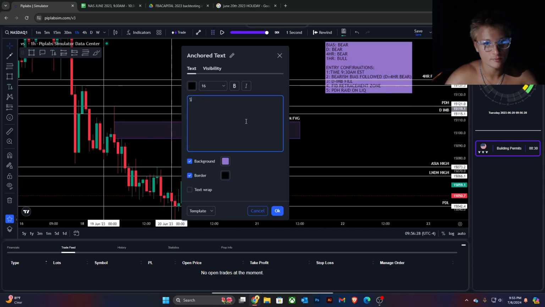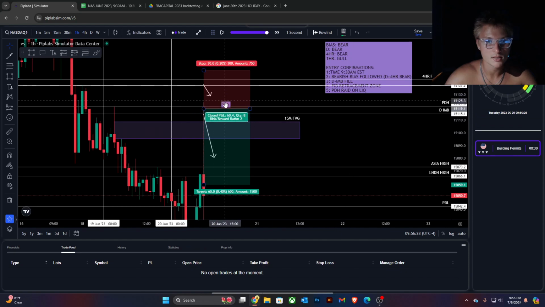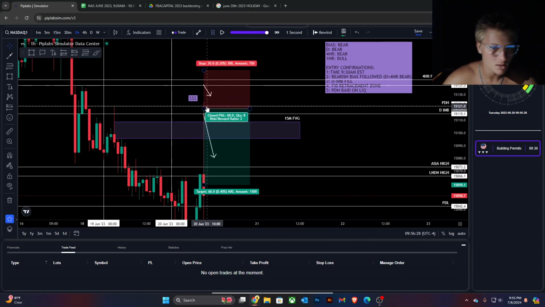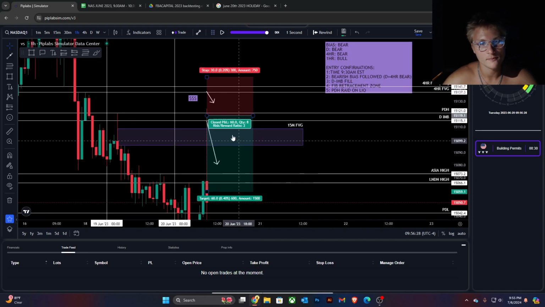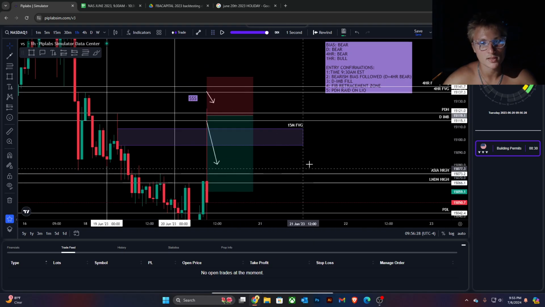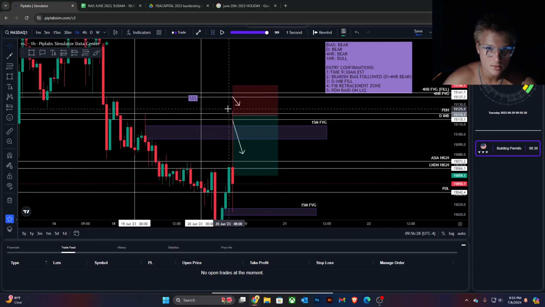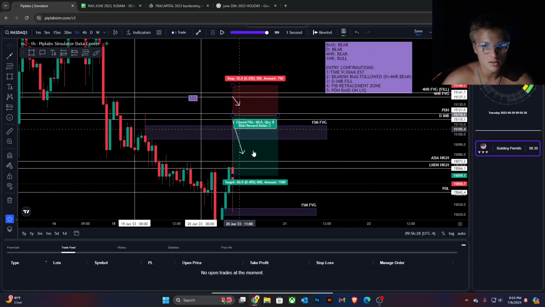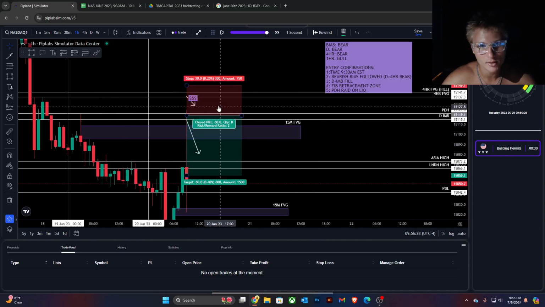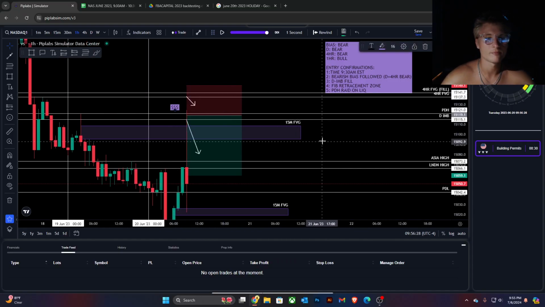So right here, people had orders sitting, and people's stop losses got hit. We had a nice reaction off there because smart money went in and sold those stop losses because they had the liquidity to do so.